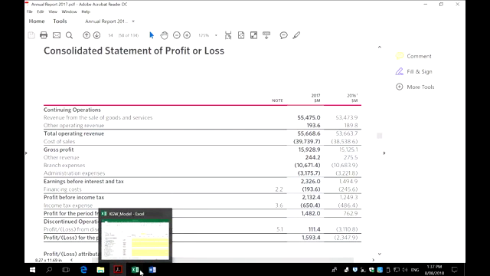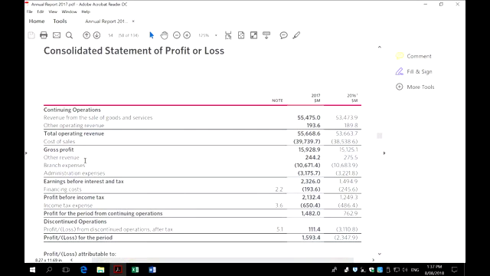Are you with me on the understanding of the cost? You'll find it's difficult to go into the details of these cost items to decide if they're operating or non-operating.